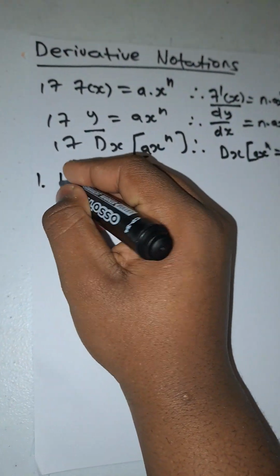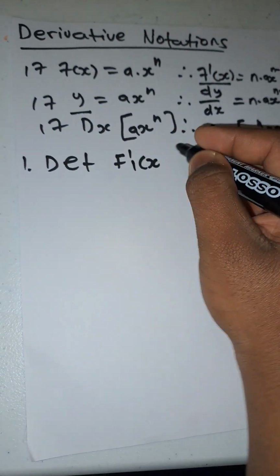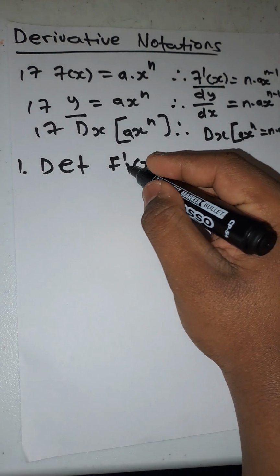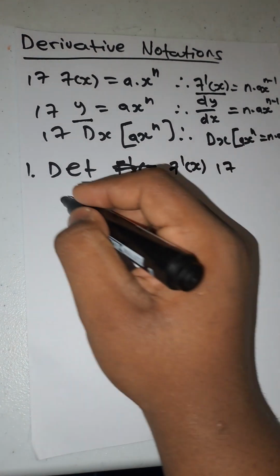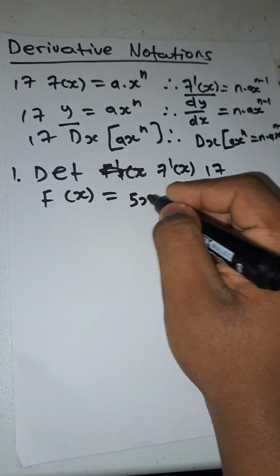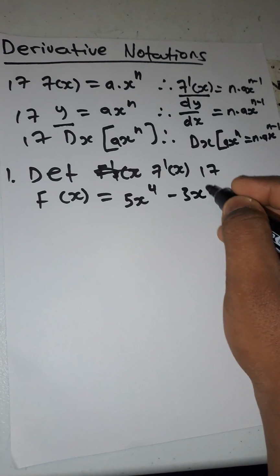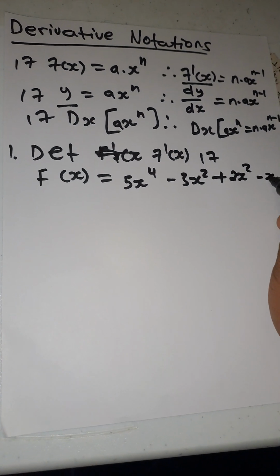Number one, they can say determine the first derivative if f of x is equal to 5x^4 minus 3x^2 plus 2x^2 minus x. Right?